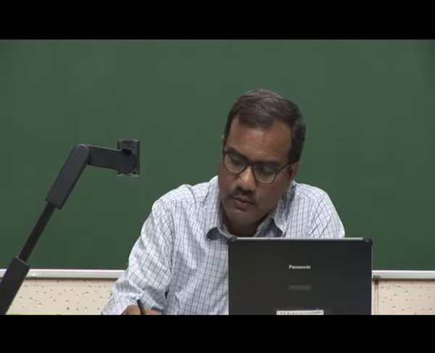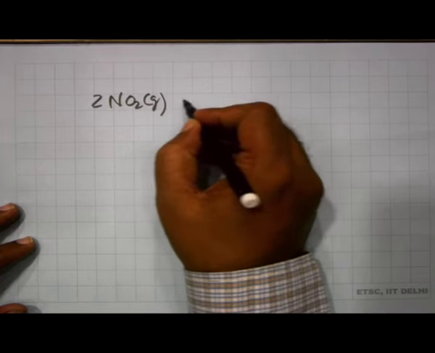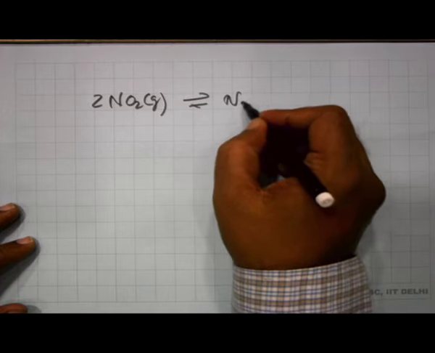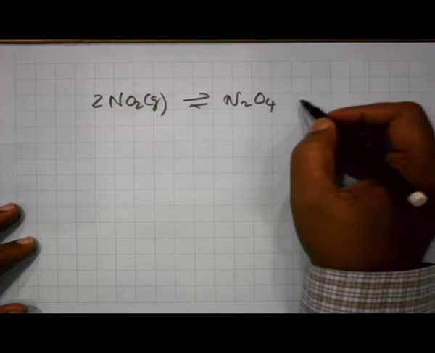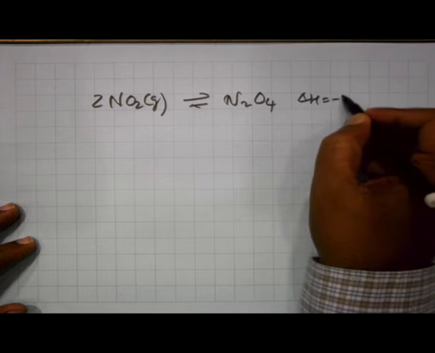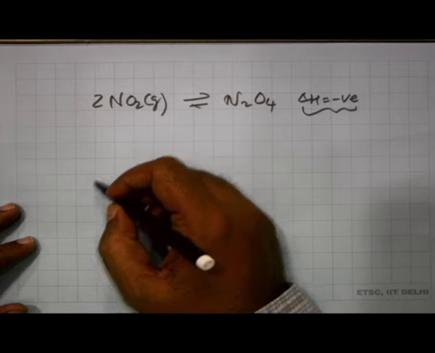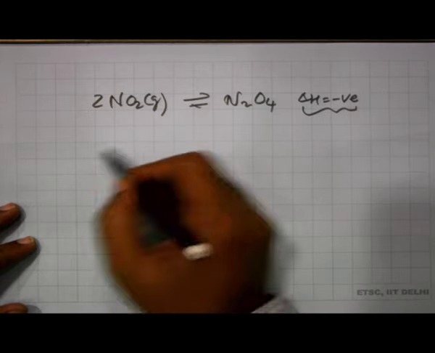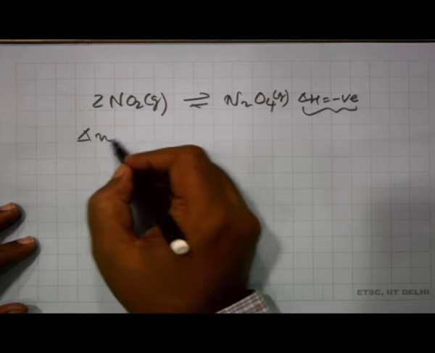Another reaction, 2NO2 gas giving you N2O4, and this is your delta H is negative. What does that mean? This is exothermic reaction. Now, we can see that this is also in gaseous form. What is delta n?